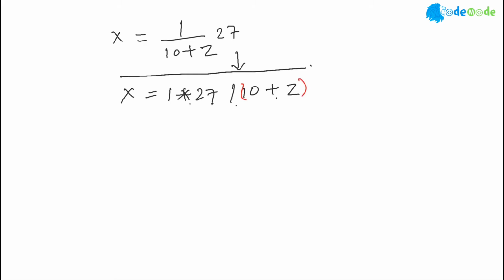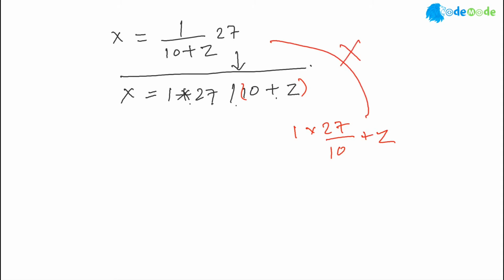You need parentheses because this changes the meaning. If I don't put parentheses, I am basically saying 1 multiplied by 27 divided by 10, plus z. This is not what we are looking for. This equation is not the same as what we saw here.